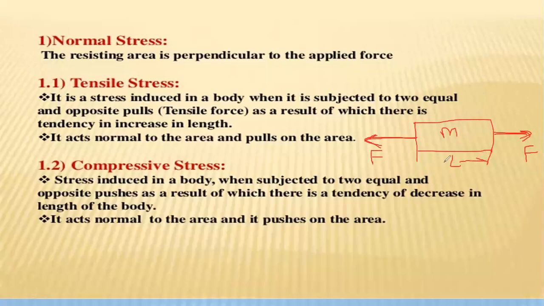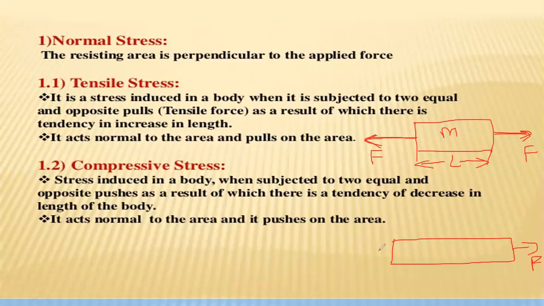The stress induced in your body is subjected to two equal and opposite pulls, as a result of which there is a tendency of increase in length. So the length of the object is increased.